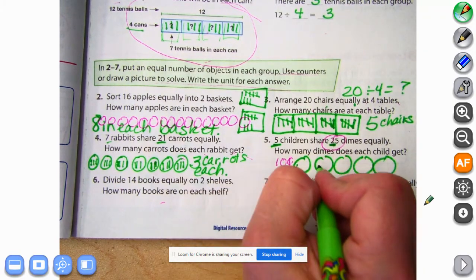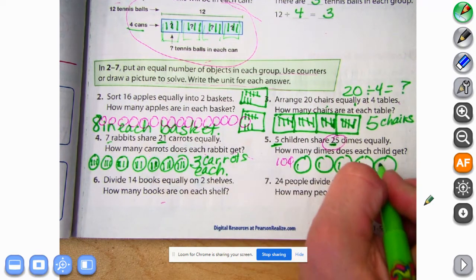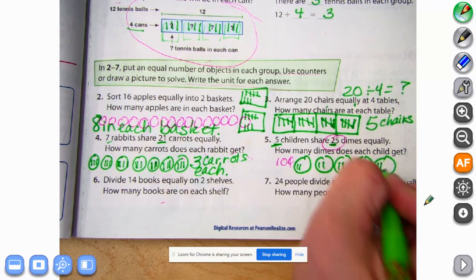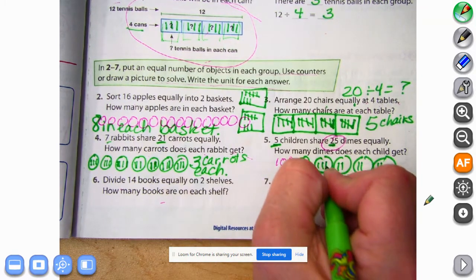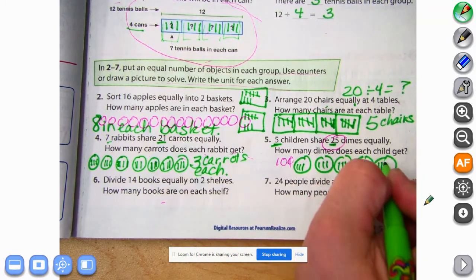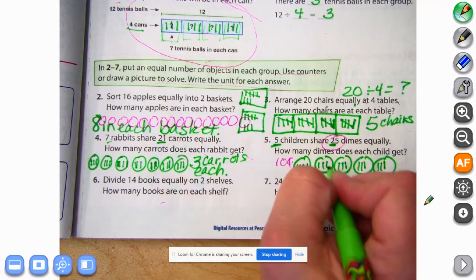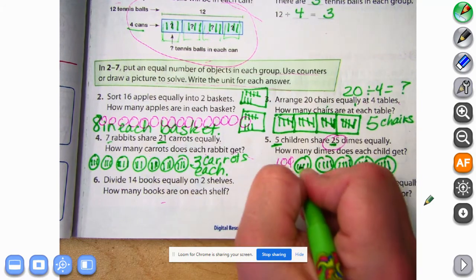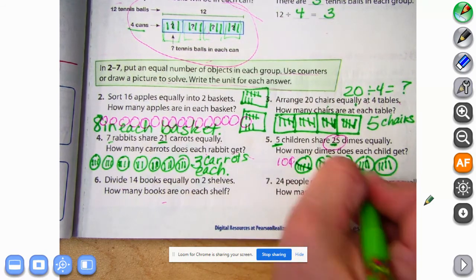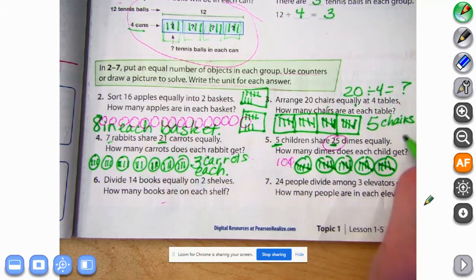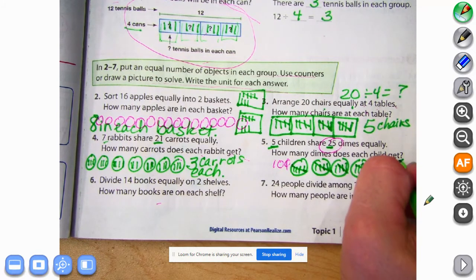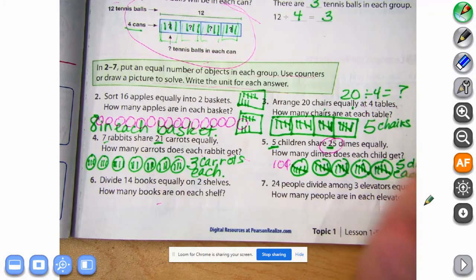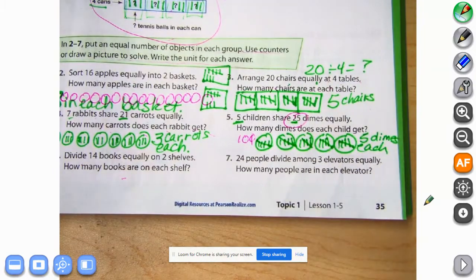So it's 1, 2, 3, 4, 5, 6, 7, 8, 9, 10, 11, 12, 13, 14, 15, 16, 17, 18, 19, 20, 21, 22, 23, 24, 25. So each child gets 5 dimes. 5 dimes each.